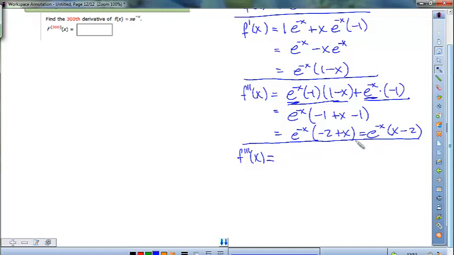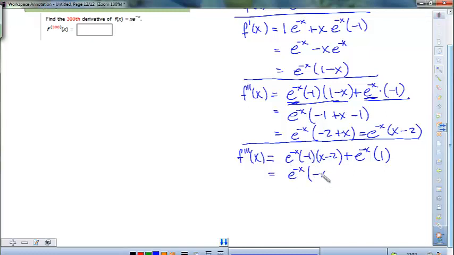The derivative of the first, e to the negative x times negative 1 times the second, x minus 2, plus the first times the derivative of the second. That's just a positive 1. Looks like I can factor out an e to negative x again. I have a negative x positive 2, and I took out an e to the x, that's positive 1. So I have e to the negative x, and then minus x plus 3.